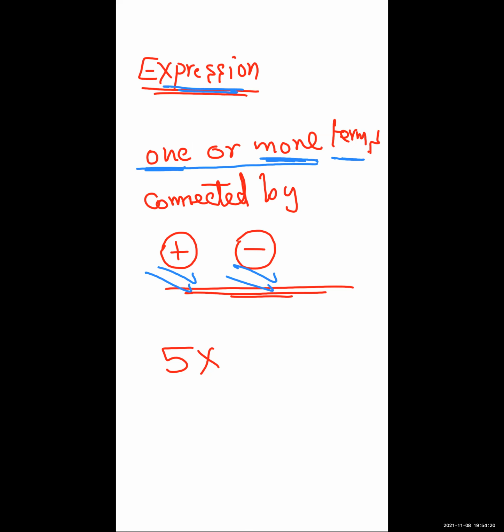So it can be 5x plus 5, or 5x, for example, plus 7. So this is two terms, 5x and 7, and they are connected by a plus sign. If it was 5x plus 7 minus 5, for example, it will be an expression, exactly.